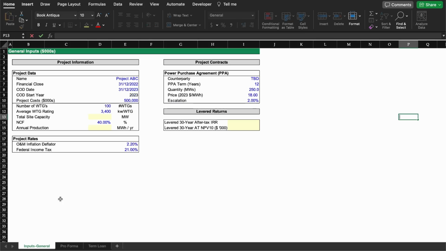First, I would look at how many sheets we have and what the types of the sheets are. That would already give me a good understanding of how complex the model is and what I should be doing, right? From here I can see we have an inputs general sheet, and I'm sure I have to give some inputs in here, eventually do some calculations.